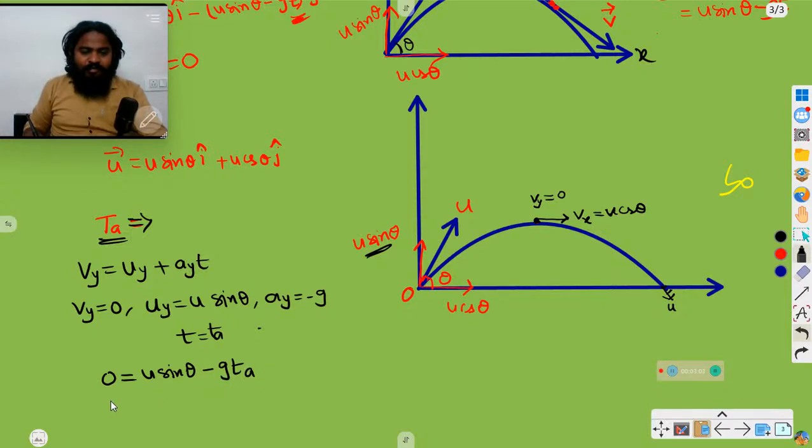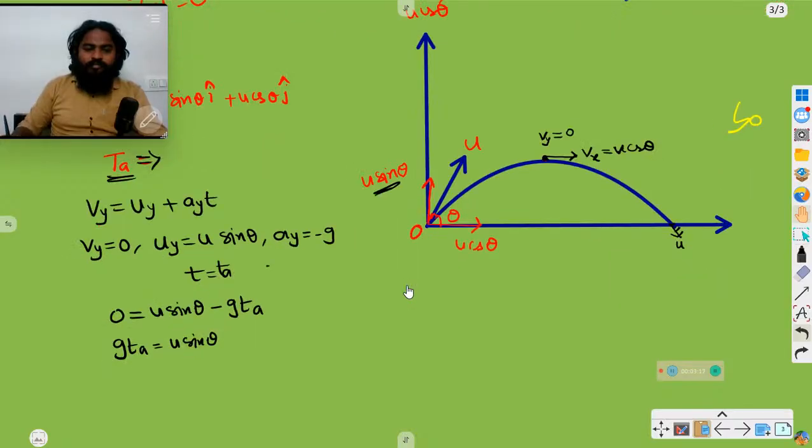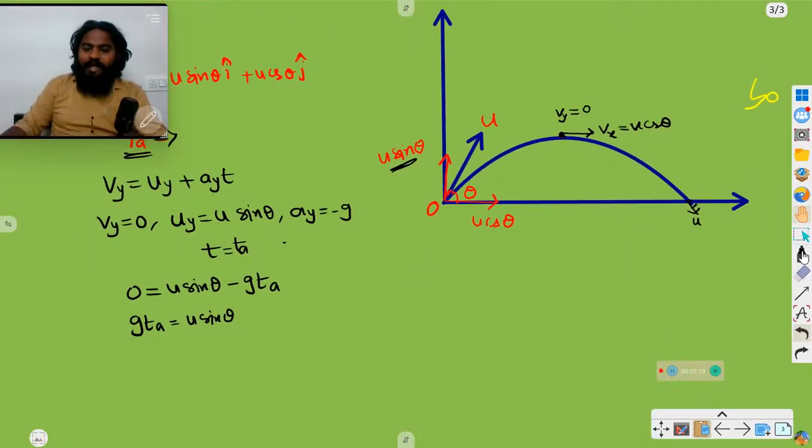From this you'll get g ta = u sin theta, and then ta = u sin theta by g.